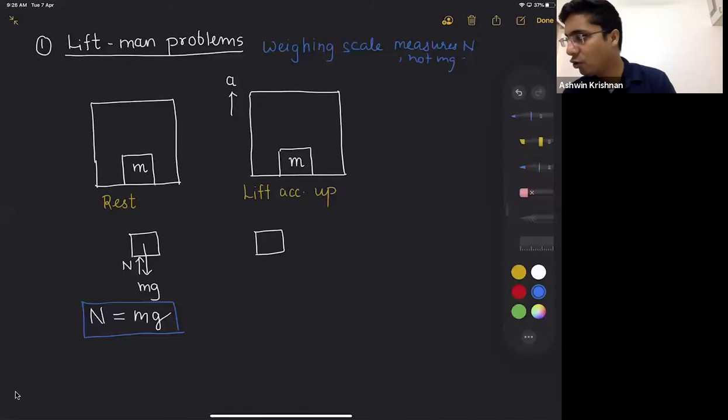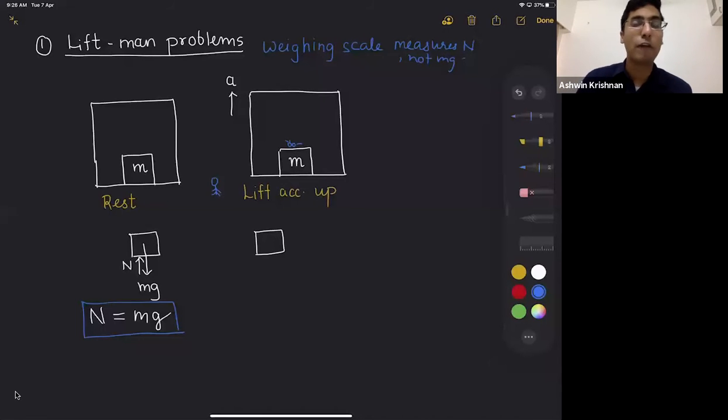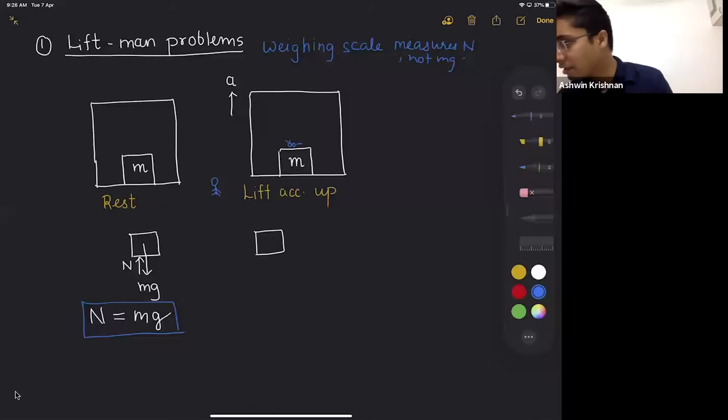Now let's say there are two people. One is a small ant on this mass who's observing everything, and the second is a person on the ground, who is also observing this mass. Now for the person on the ground, what will that person see?